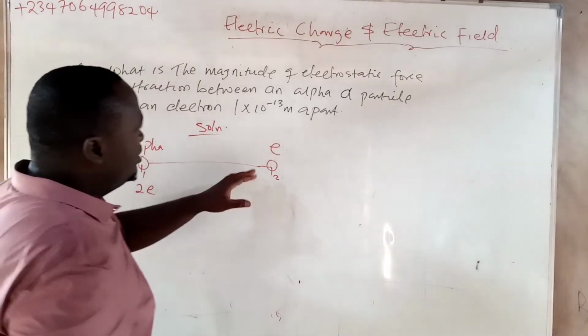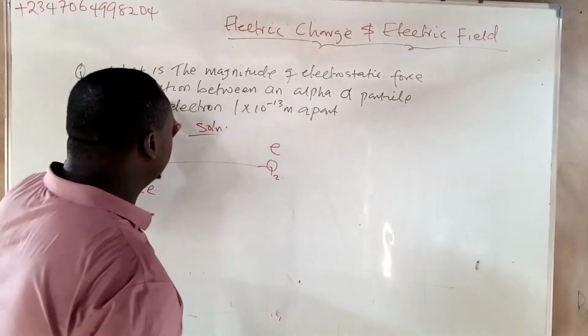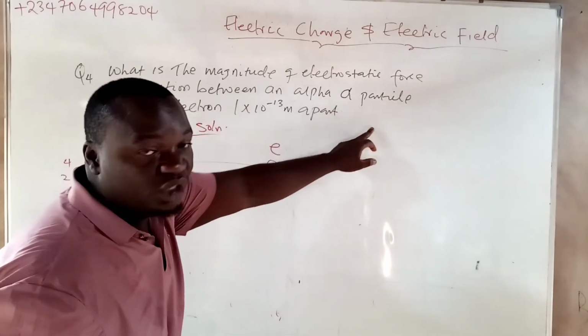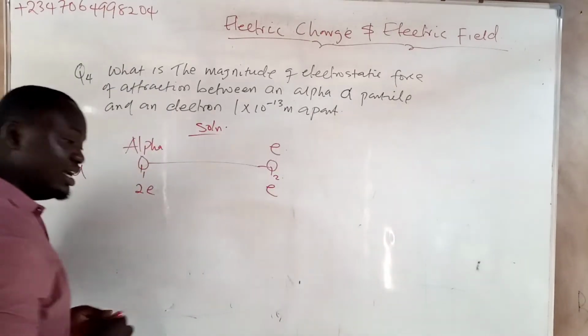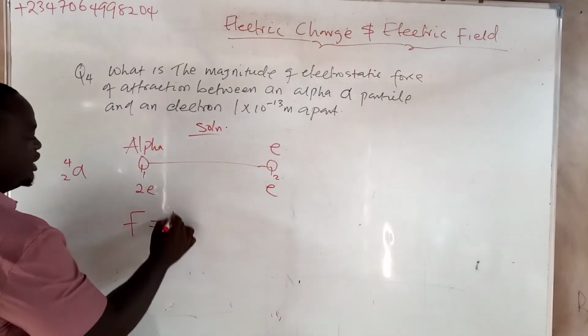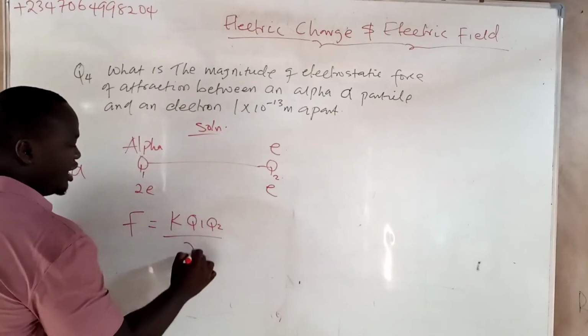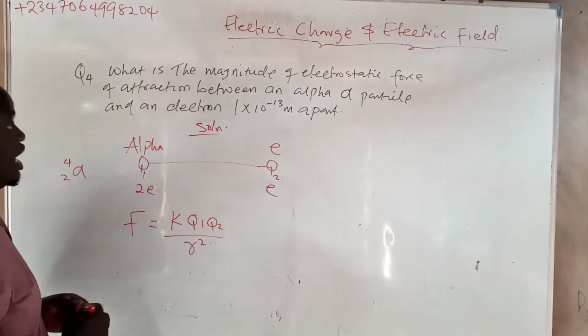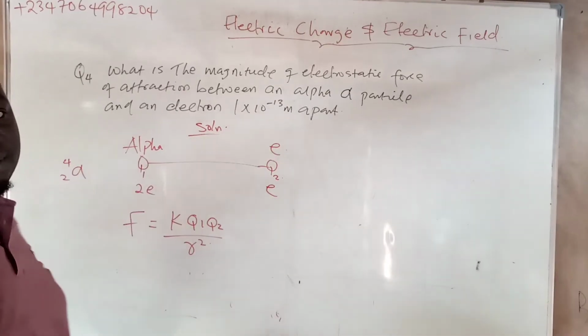And here, it is between the alpha particle and an electron, so the charge here is just e. That's all. Remember, when we talk about electrostatic force, the formula is K Q1 Q2 all over R squared. They are already separated by a distance in meters.